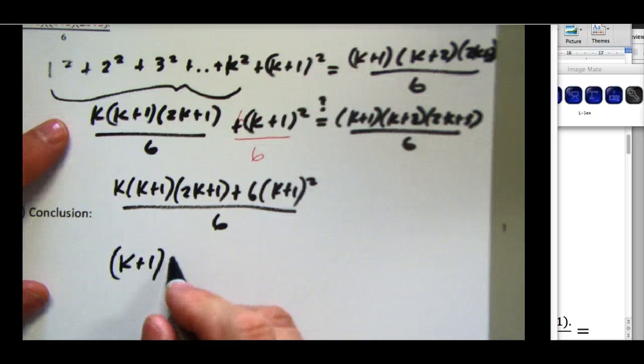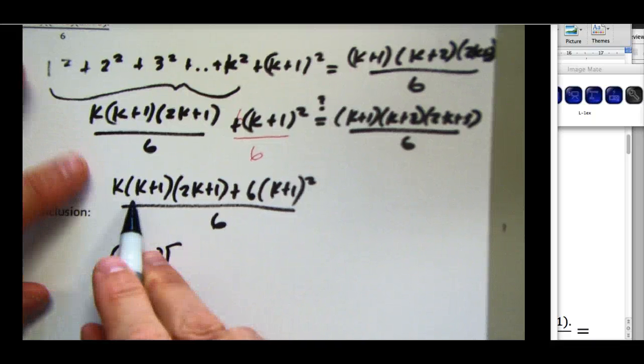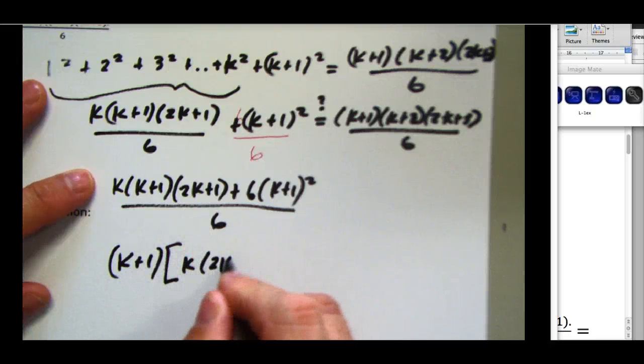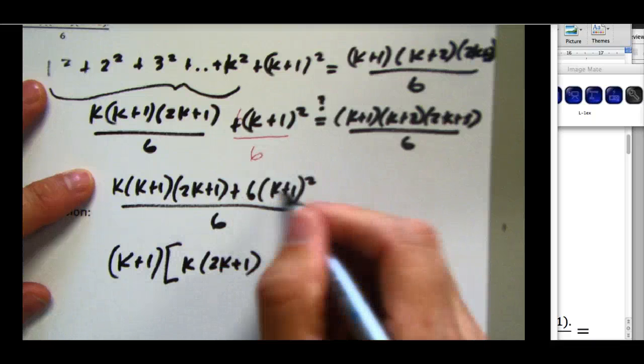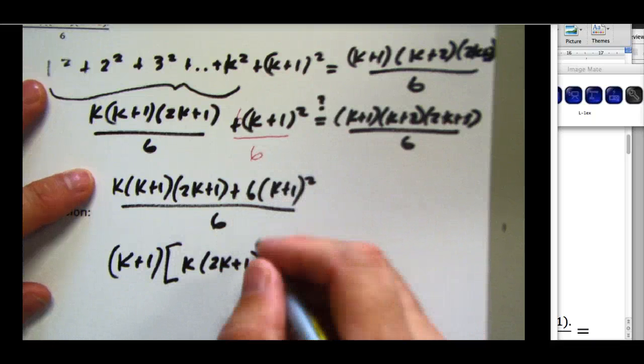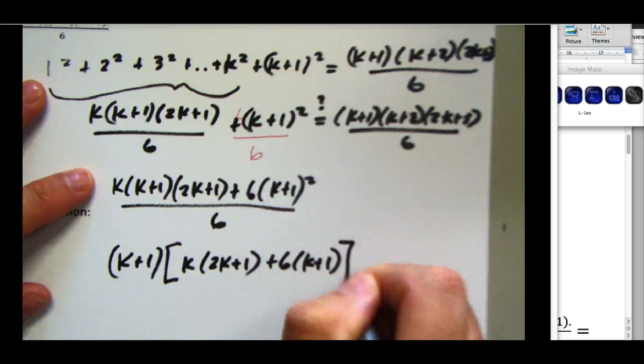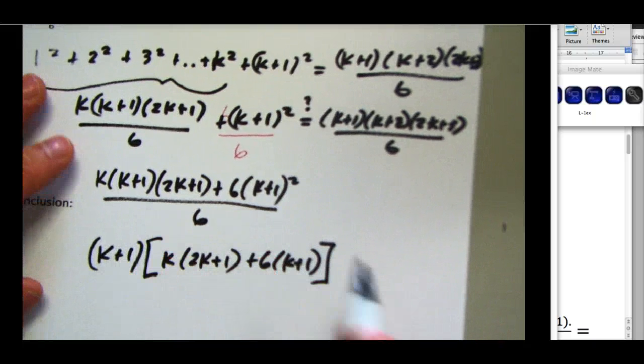And so if I factor that out, here I'm left with a k and then a 2k plus 1. And then here I'm left with a 6 and a k plus 1. So I just took one of the k plus 1s out.